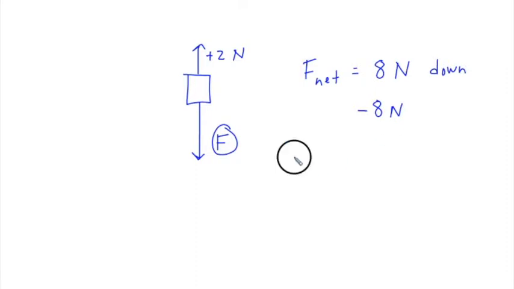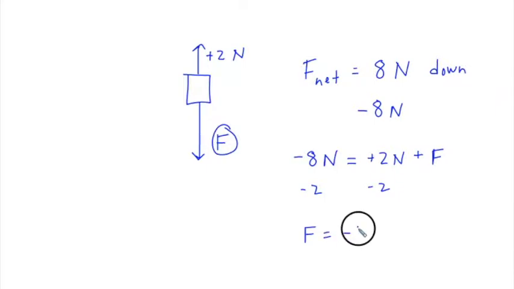So we can write negative 8 newtons, the net force, is equal to the forces going up, that's a positive 2 newtons, plus the force going down. We can subtract 2 from both sides, 2 newtons, and we end up with F is negative 10 newtons, or in other words, it's 10 newtons downward.